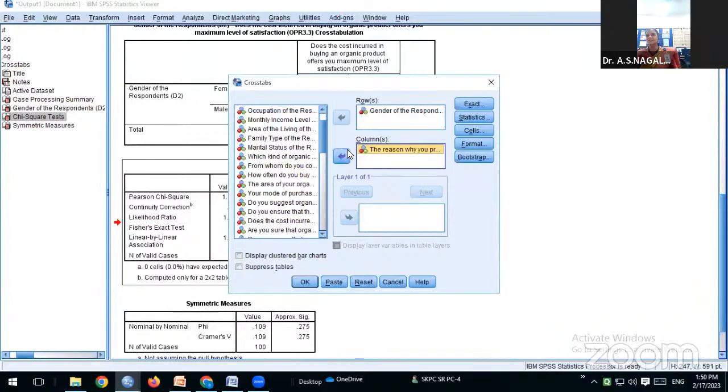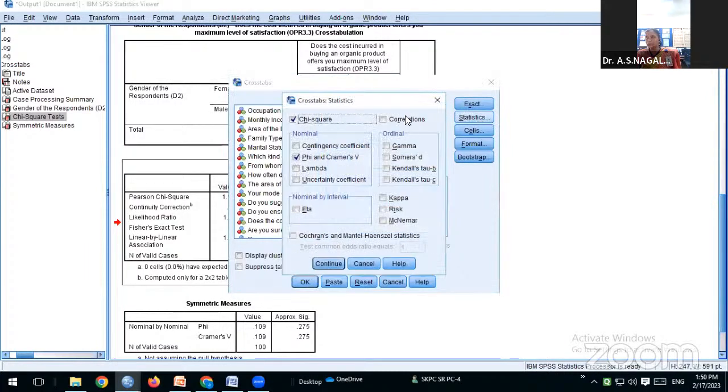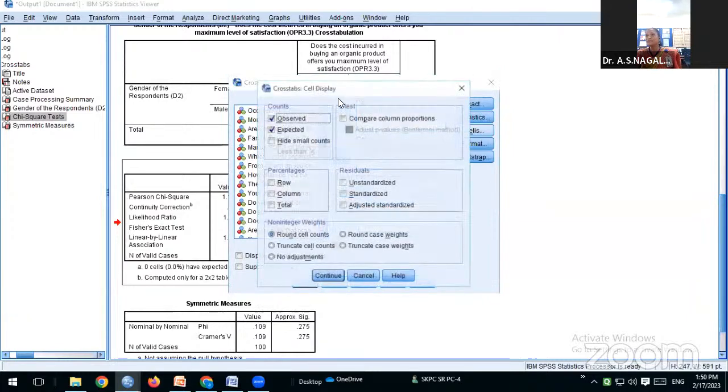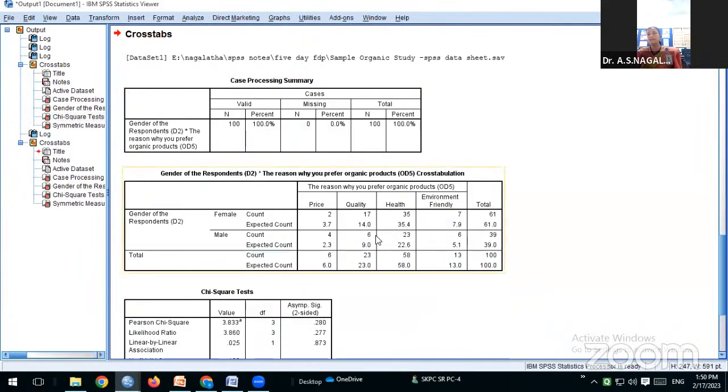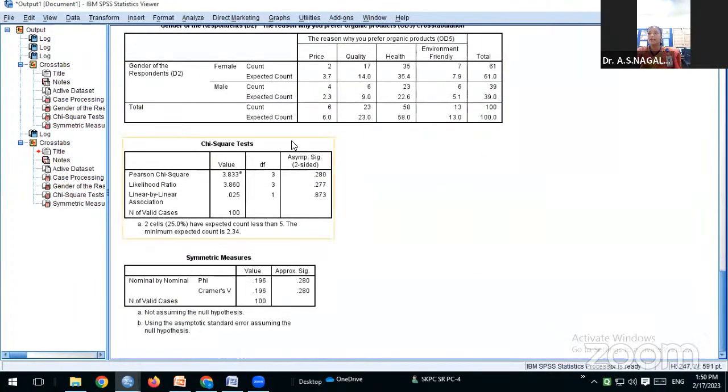I have already given the input, so it will consider the same input. Once we have fixed it, it will stay till you close the output. So I click OK. Here I have the frequency table and the significance.